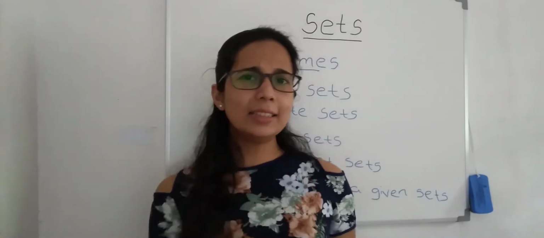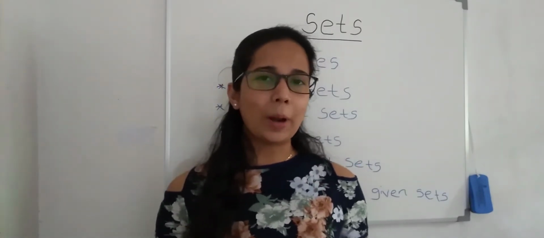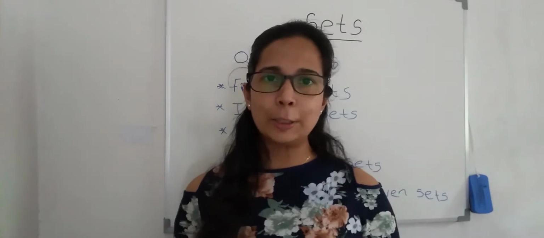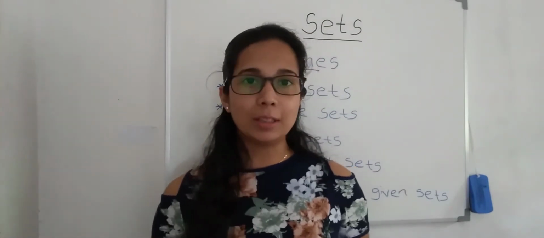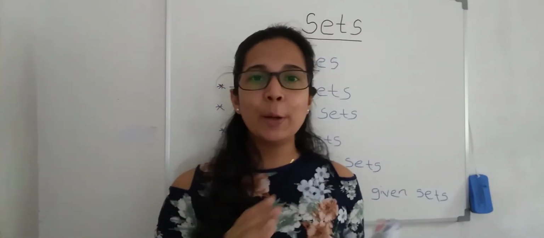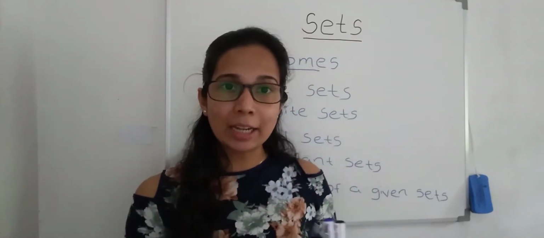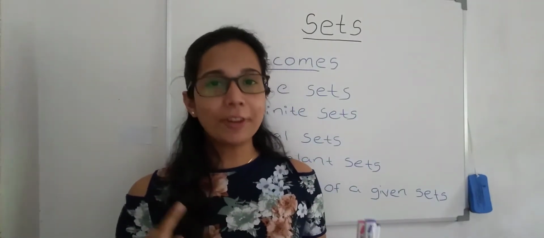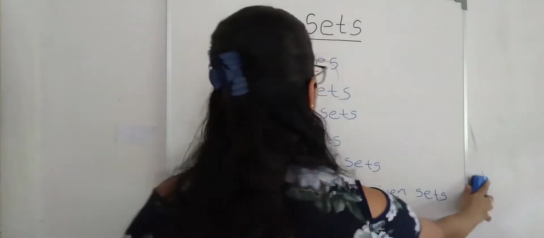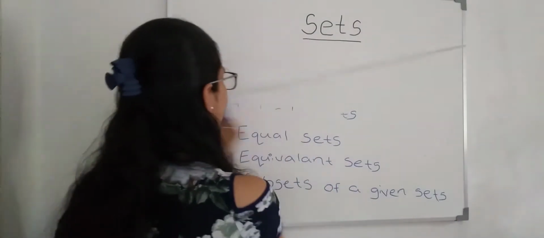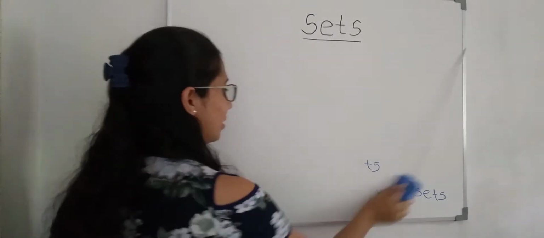Let's take an example to explain those ways. I'll take prime numbers between 0 and 10. Let's see how to write this set using these three different ways. What is the set?